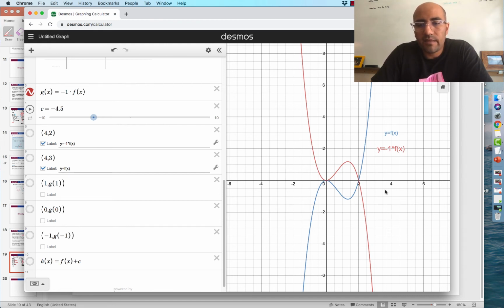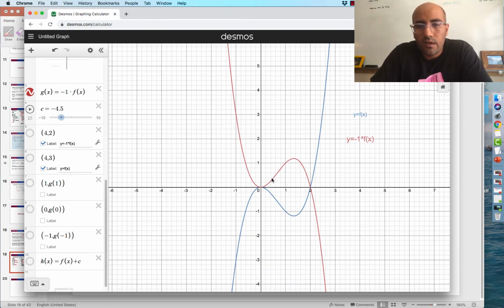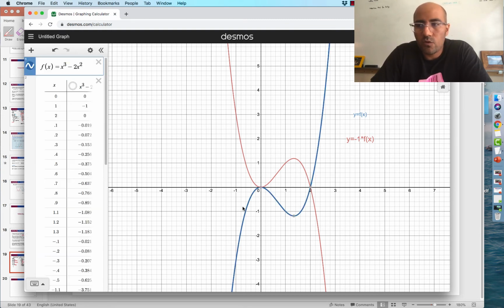It's a reflection about the x-axis. It's a mirror image about the x-axis. All previously positive answers on the original function become negative. All previously negative answers under the original function become positive, and so on and so forth for these various sections. Okay, good. So having this minus 1 becomes a reflection about the x-axis for any function.